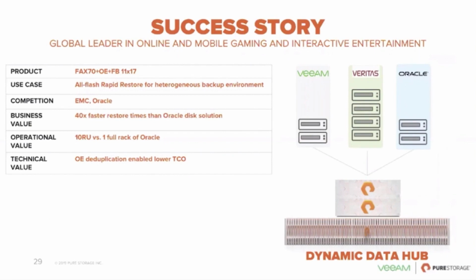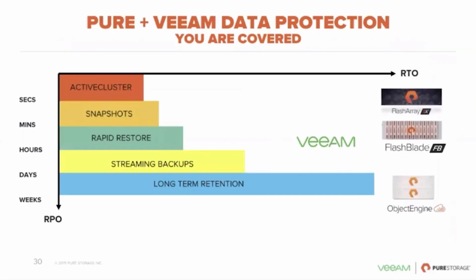This was before we had the cloud capability, so we were just deduplicating backups that sat on FlashBlade, and now this customer is taking that and moving some of their data into public cloud for long-term retention.